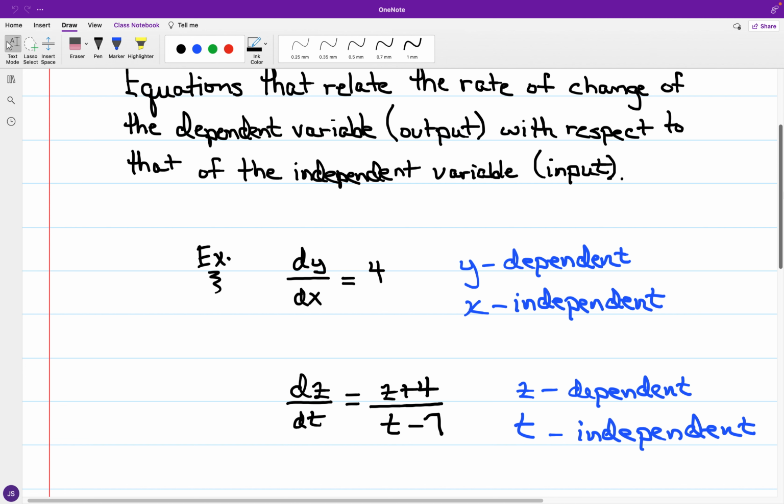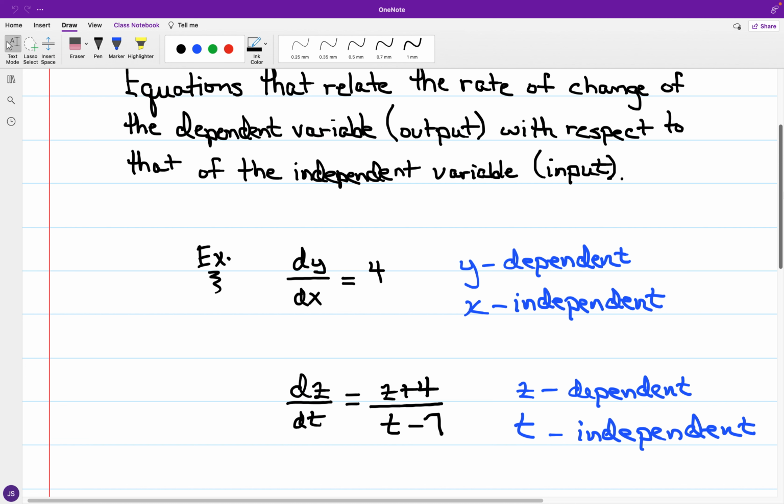So like y in the first equation, z is the dependent variable, and y and z are respectively referring to the output, whereas in the second equation, t is the independent variable. So we have x and t to be the input variables in their respective equations.